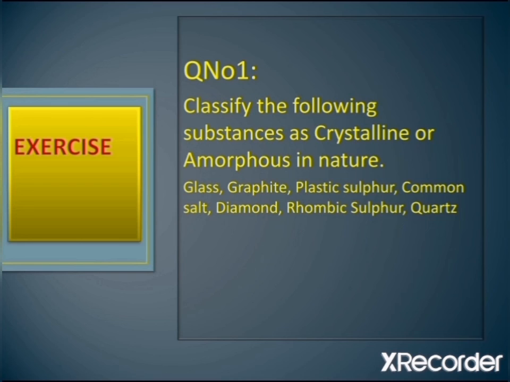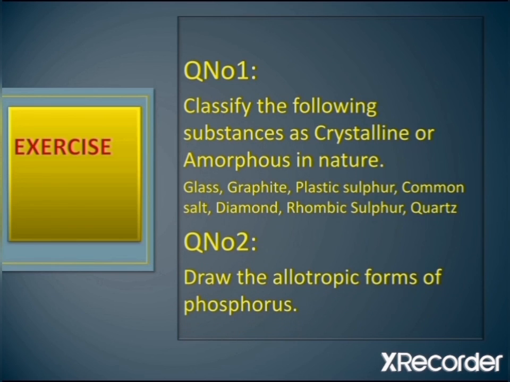You are provided with glass, graphite, plastic sulfur, common salt, diamond, rhombic sulfur, and quartz. Question number 2. Draw the allotropic forms of phosphorus.